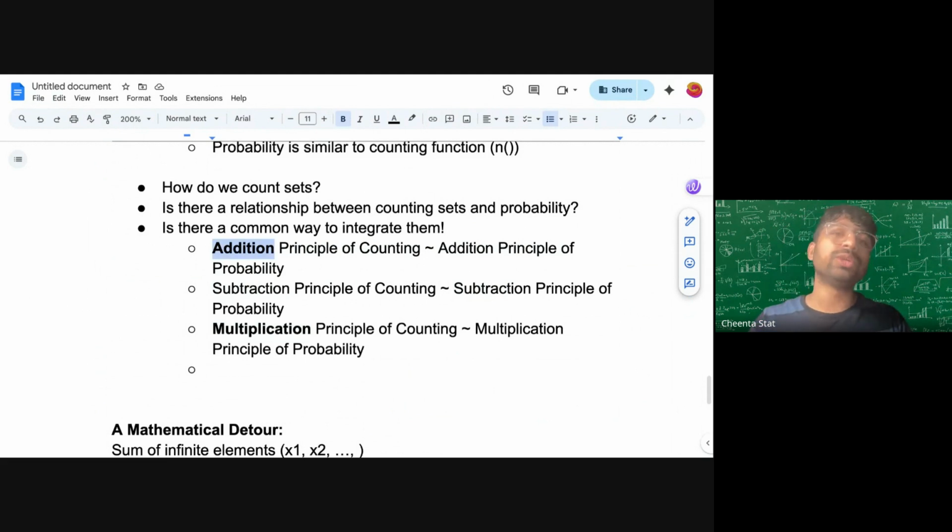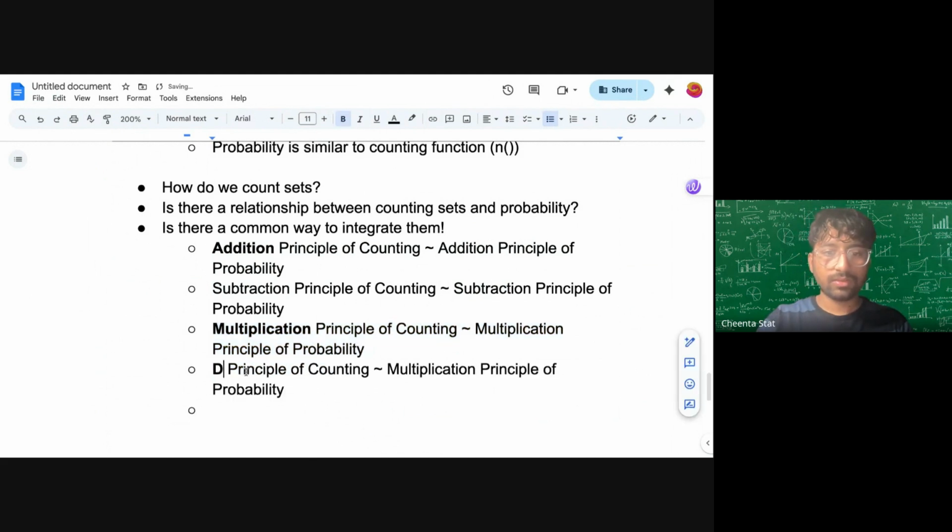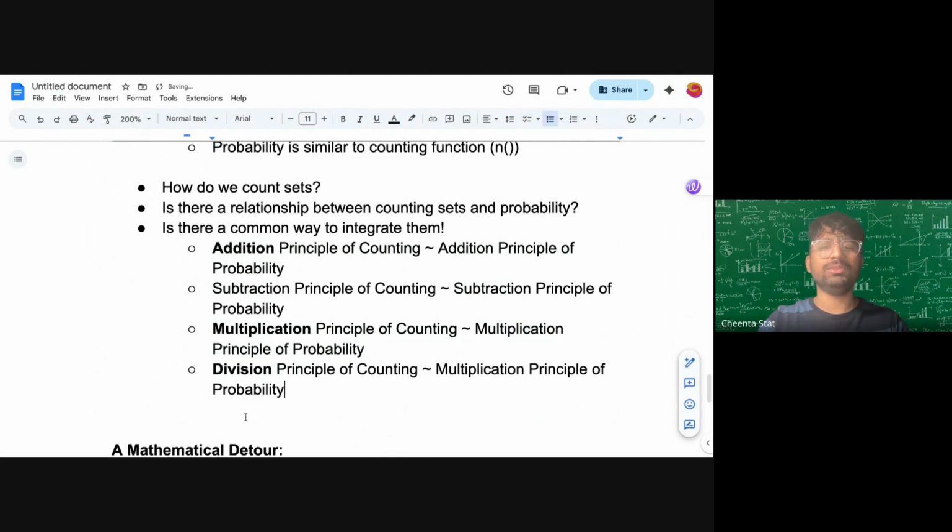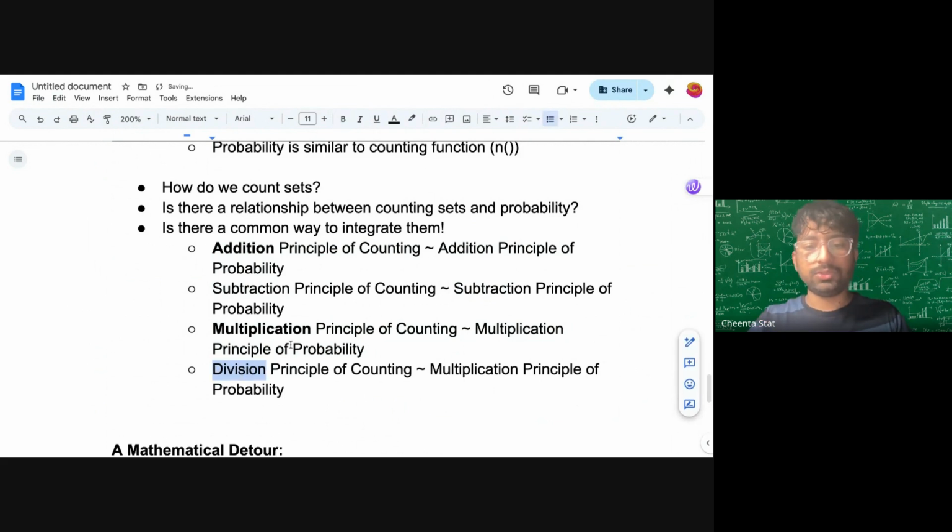Multiplication and addition are the most important, and we have the inverse operations of them, but that is not so important. The multiplication and addition are mostly important.